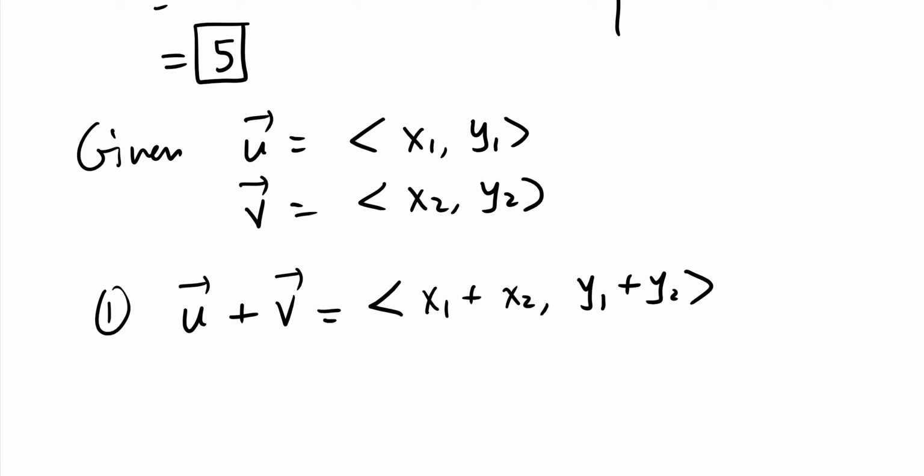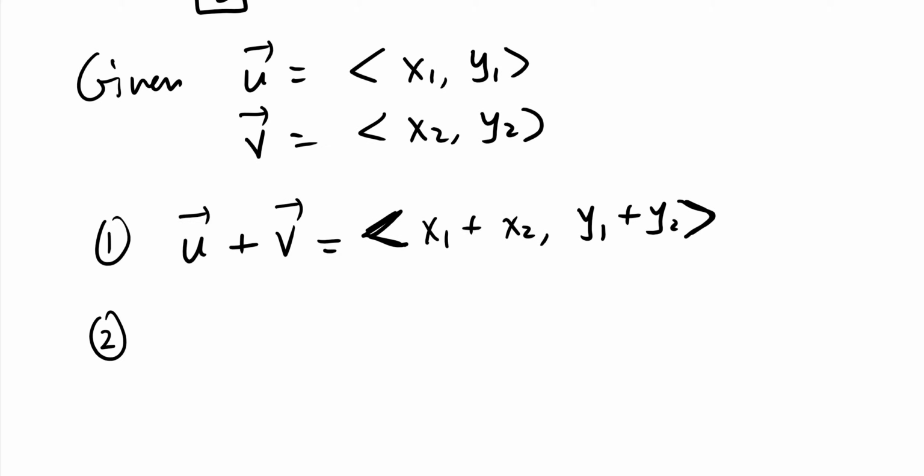If you remember from section 2.5, the geometric interpretation of this, you get a third vector, which we called the resultant vector. That's why we put these brackets here for these vectors.